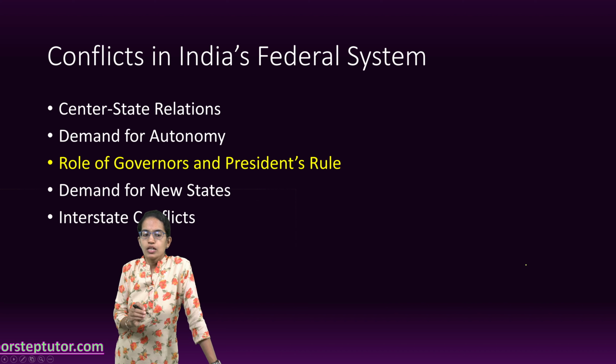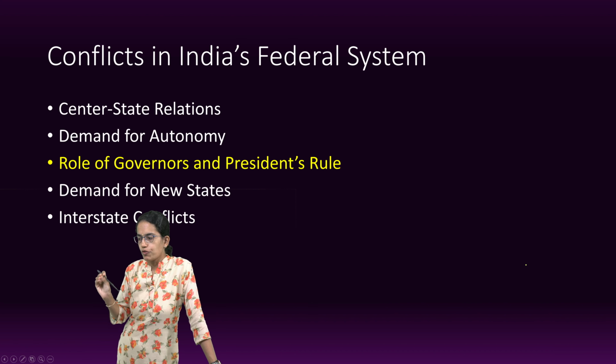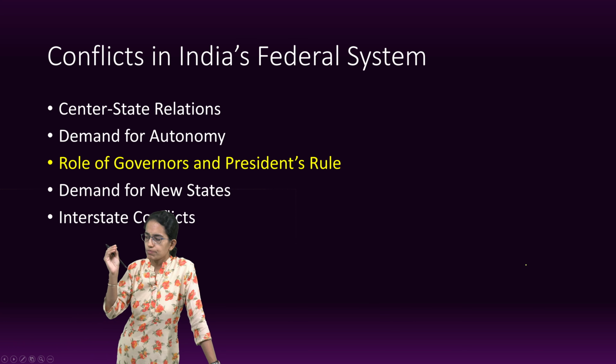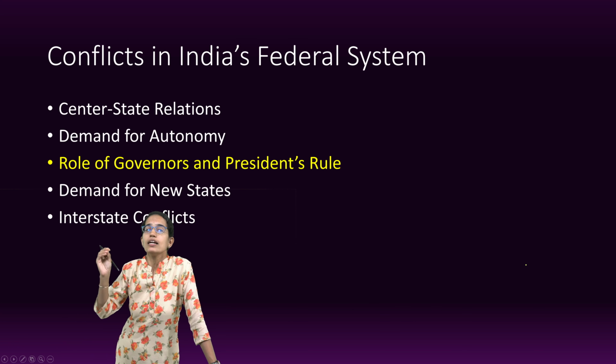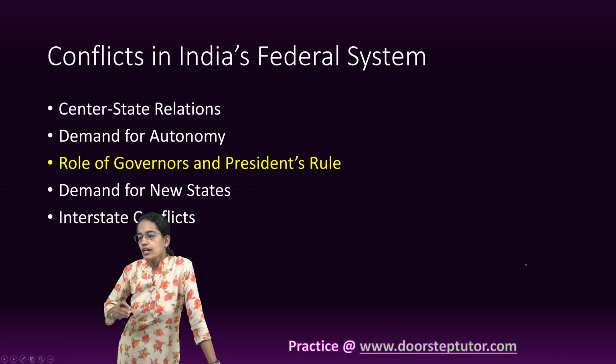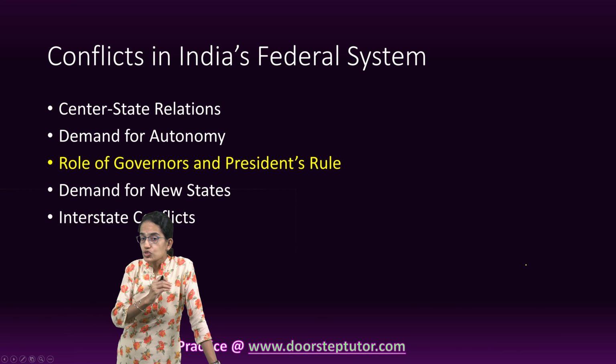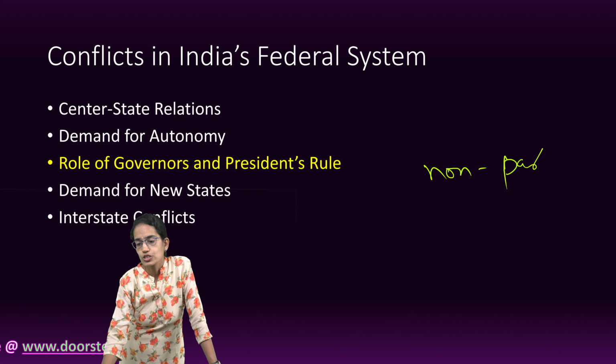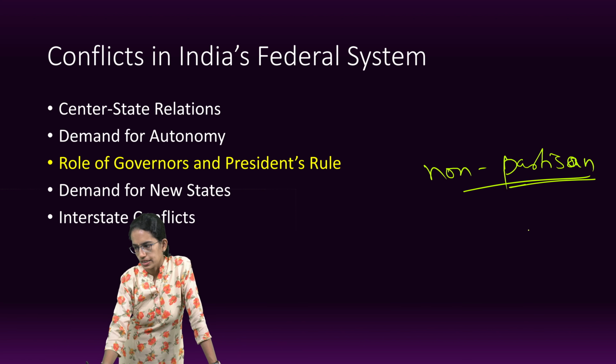So there has to be a very clear understanding of the center-state relationship. As I mentioned, the Sarkaria Commission report, which was commissioned in 1983 and submitted in 1988, focused on being strictly non-partisan. Non-partisan means not being biased towards any political party.